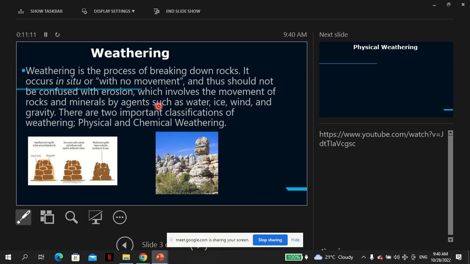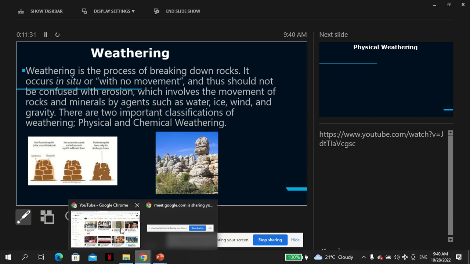When we talk about weathering, we don't consider the transportation mechanism. It should not be confused with erosion. So weathering is the process of breaking down of rock to form soil.